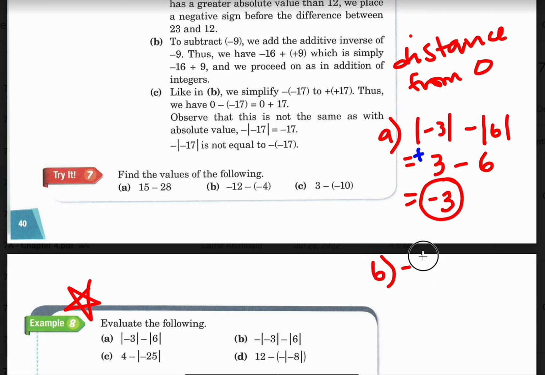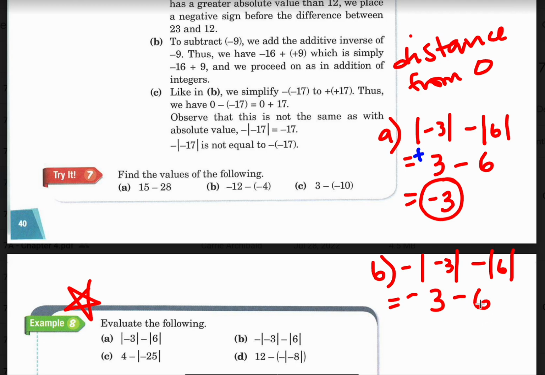Let's look at B now. B wants us to find the negative value of the absolute value of negative 3 minus the absolute value of 6. We keep this outside negative because it's outside of the absolute value brackets. Absolute value of negative 3 is a positive 3 because all absolute value is positive. Keep the subtraction, don't touch it. And then the absolute value of 6 is 6.